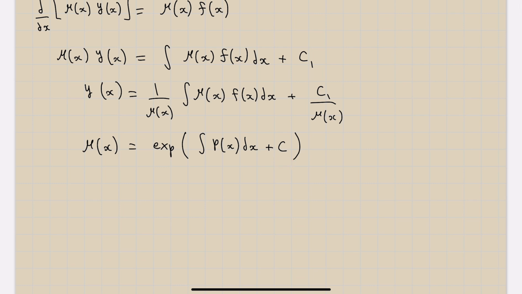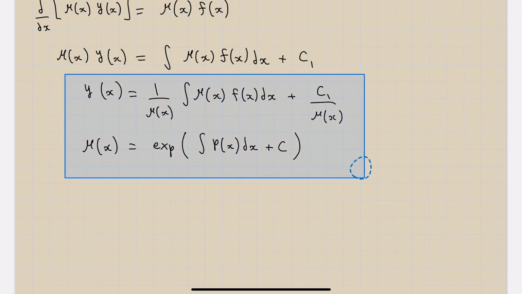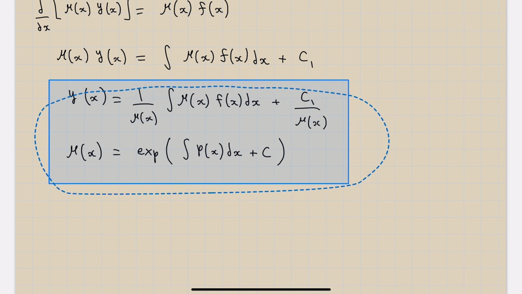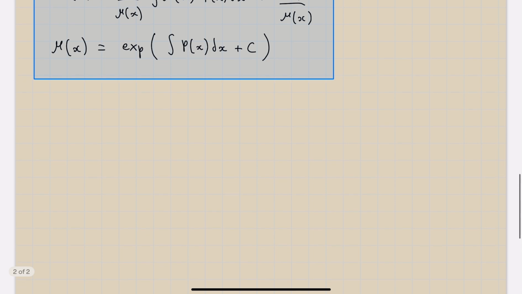I may set it to 0 and it will work normally, but I have a family of available options. So I will just circle this as our solution. This is basically all there is to the integrating factor method. Let's just do one example and wrap it up.